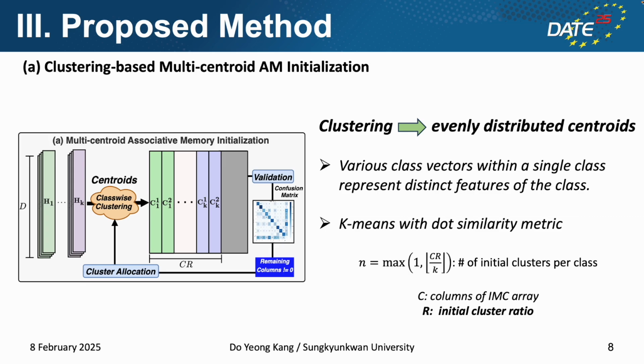We implement k-means clustering using dissimilarity as our distance metric, consistent with our associative search method. The number of centroids per class is initially determined by an initial cluster ratio R, and any remaining columns are then allocated to the classes that are more challenging as determined by validation.